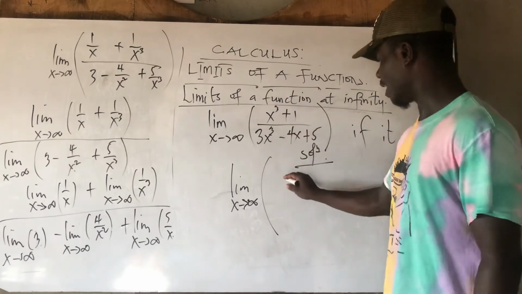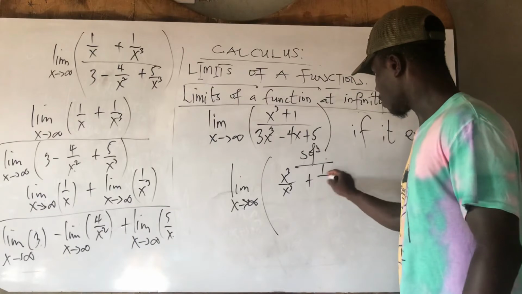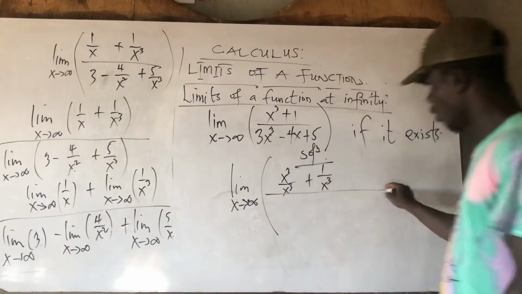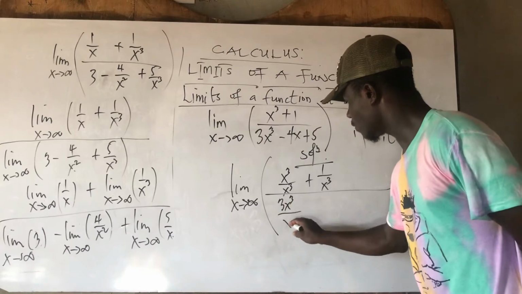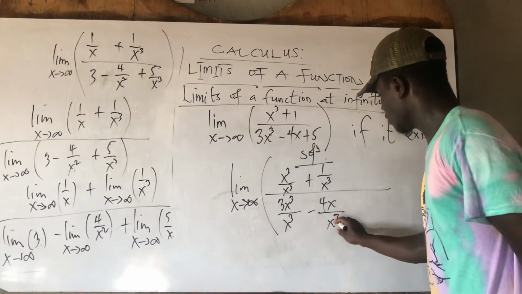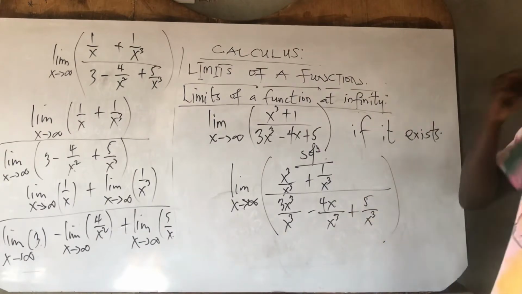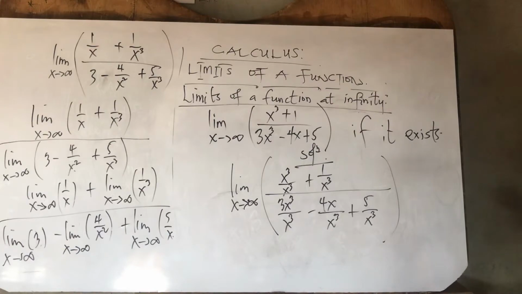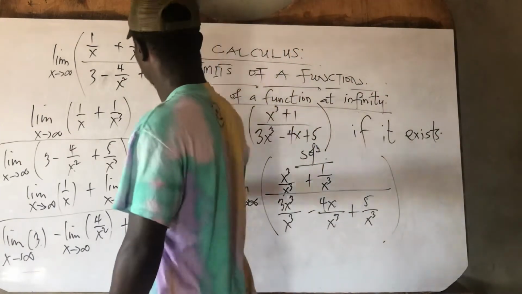So I divide: x cubed over x cubed plus 1 over x cubed, all over 3x cubed over x cubed minus 4x over x cubed plus 5 over x cubed.